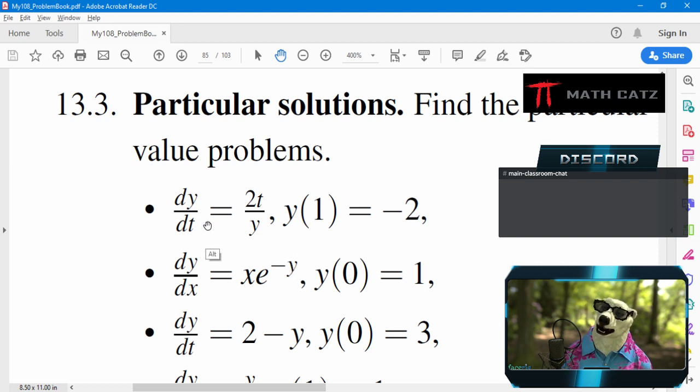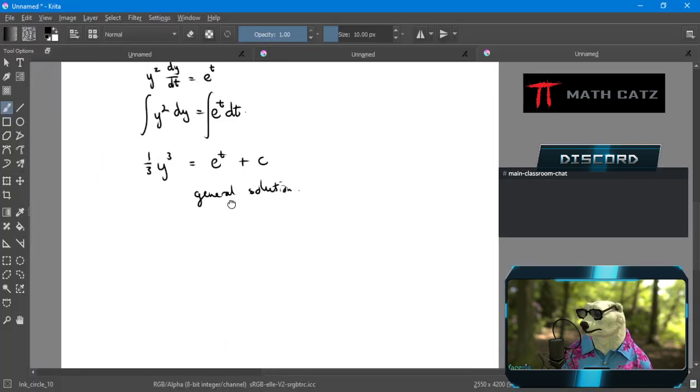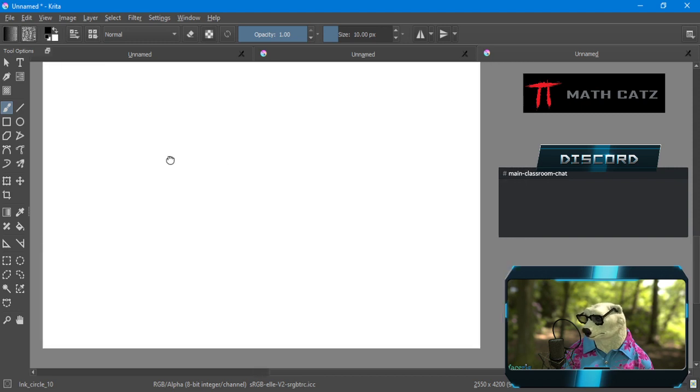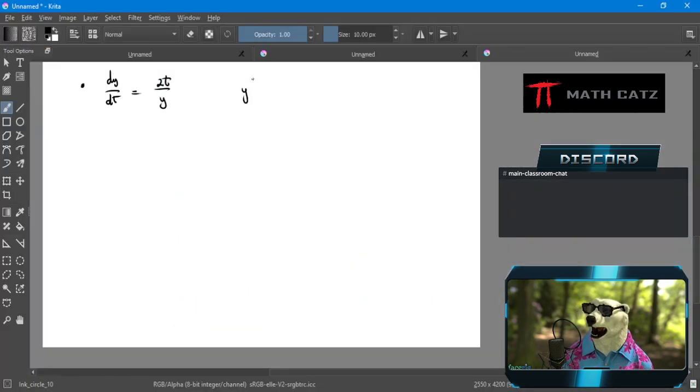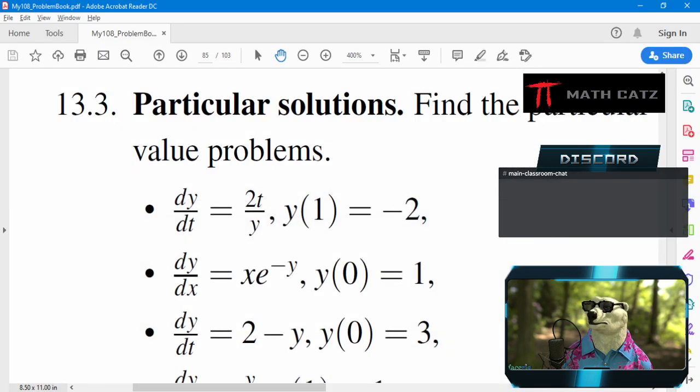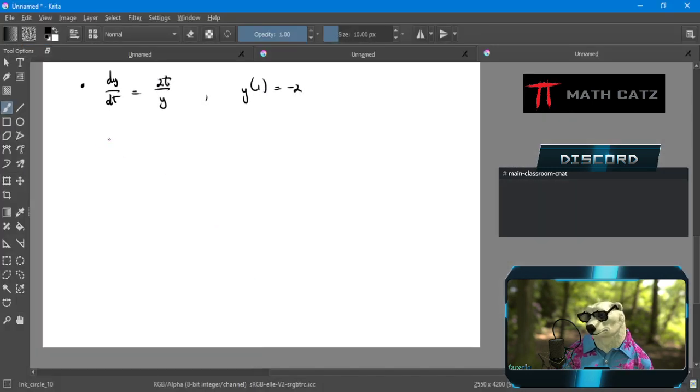Let's do the first one, dy/dt equals 2t over y, and my initial condition, y of 1 equals -2. All right.